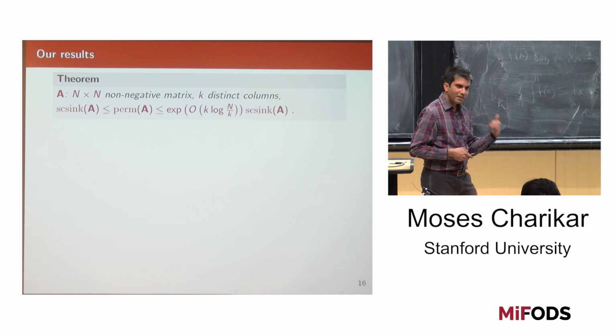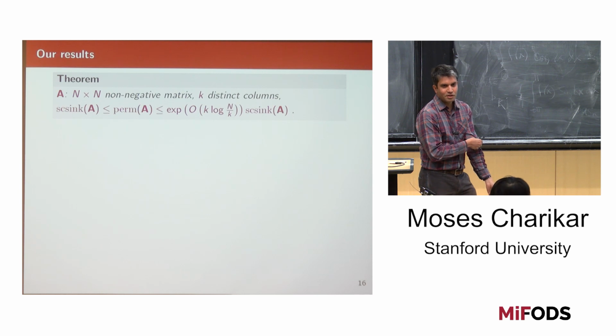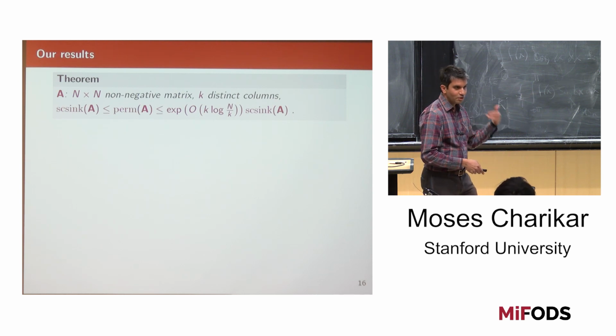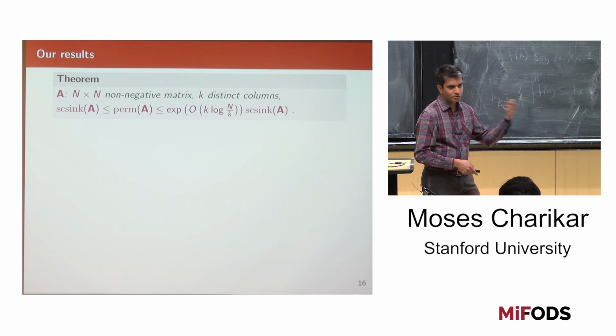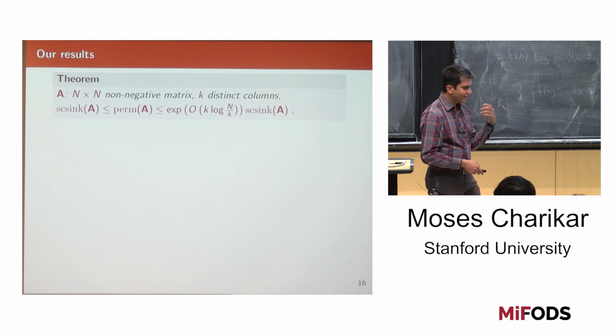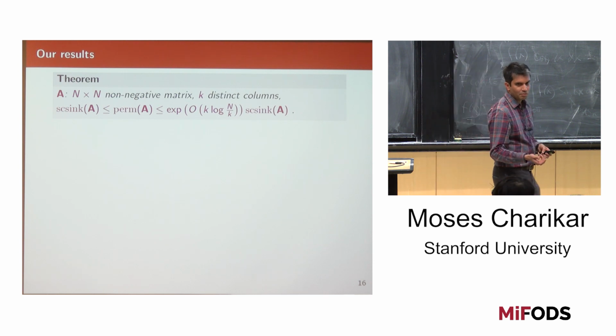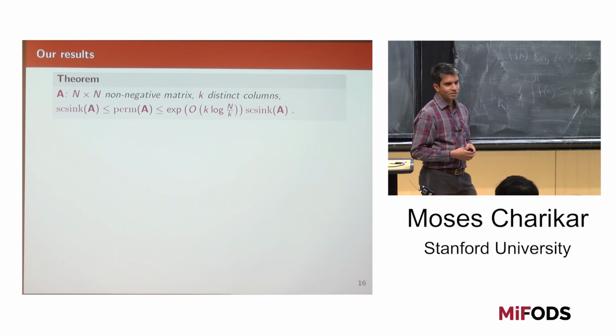Now think back to what the matrix A was. Matrix A was this matrix which had probabilities on the rows, frequencies on the columns. I give you a set of n samples, so I have frequencies corresponding to n samples.